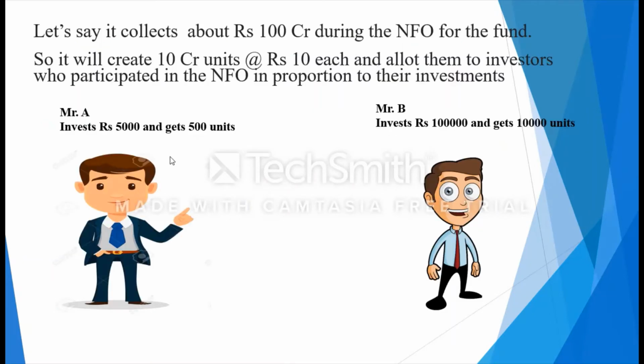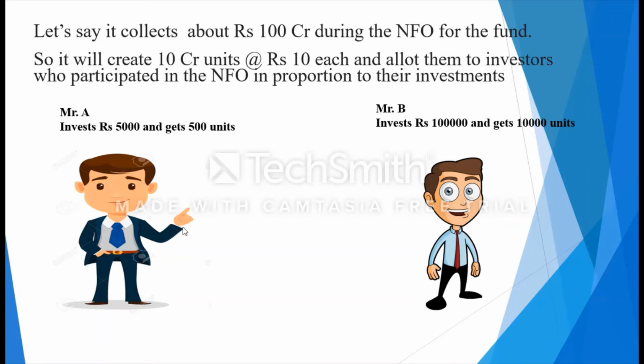So let's take an example. Let's assume that Mr. A invests rupees 5,000 in this NFO. At a price of 10 rupees, he is allotted 500 units. Mr. B invests rupees 1 lakh in this NFO at a price of rupees 10 per unit. He is allotted 10,000 units.